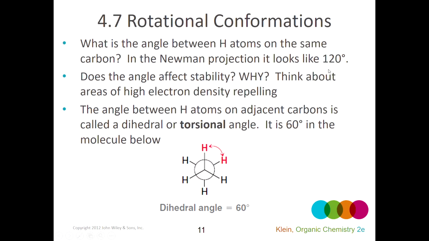So then, what's the dihedral angle between this hydrogen and this one? Dihedral angle is for groups on adjacent carbons. This hydrogen's on the front carbon, this hydrogen is on the back carbon. Obviously, they're 180 degrees. So that's a 180 degree dihedral angle, and a 60 degree dihedral angle between atoms on adjacent carbons if they're just staggered a little bit.